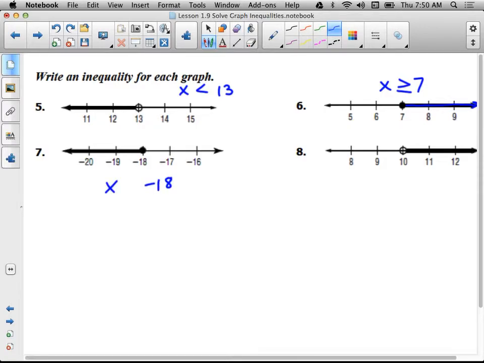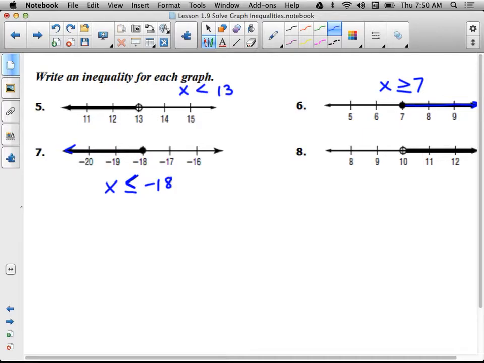I've got x and -18 to figure out the inequality symbol. It's a filled-in circle, so I know there's going to be an or equal to, and it looks like it's less than or equal to -18 because we're going in the less than direction. Notice that this arrow is pointing in the same direction as this inequality symbol. I don't know if that's helpful, but just something to notice.